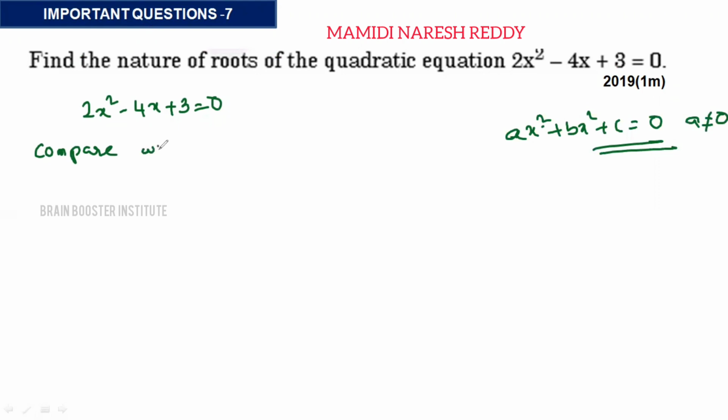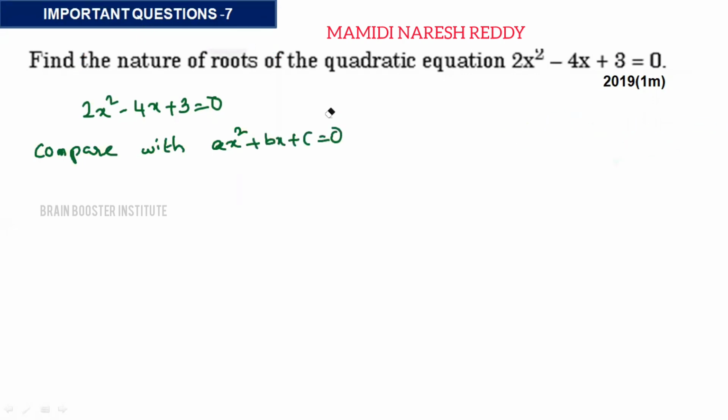By comparing the two equations, the x square coefficient is 2, so a is equal to 2, b is equal to minus 4 and c is equal to 3.